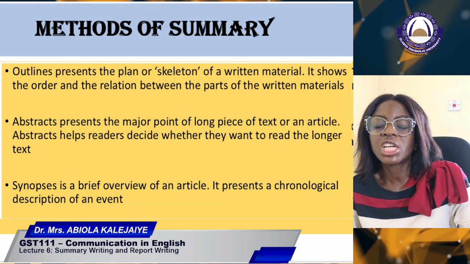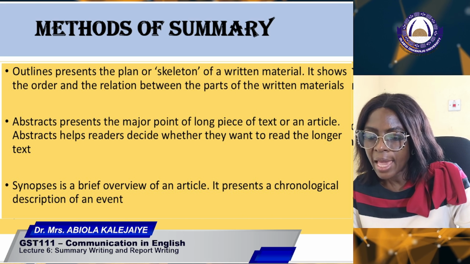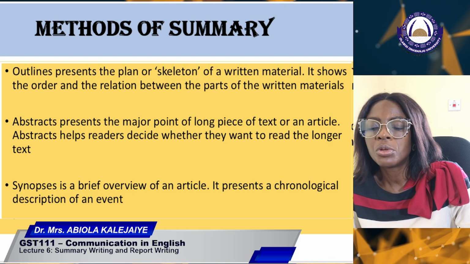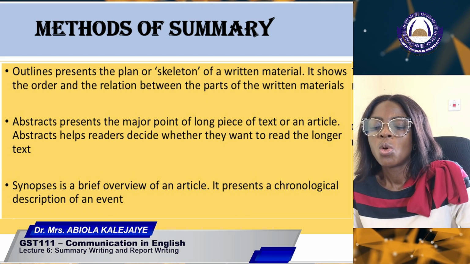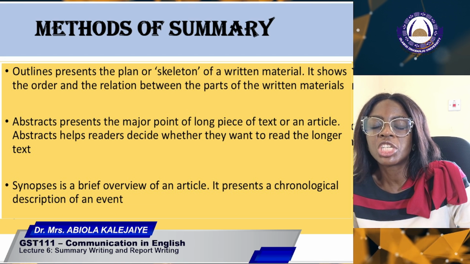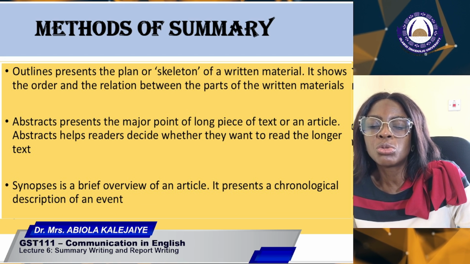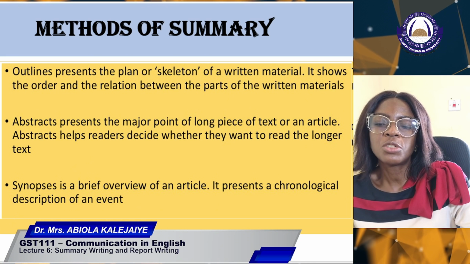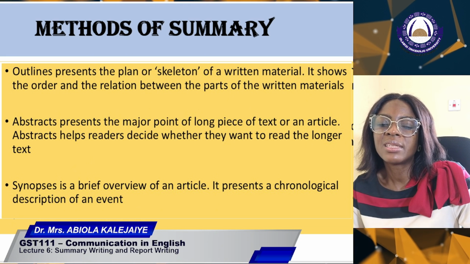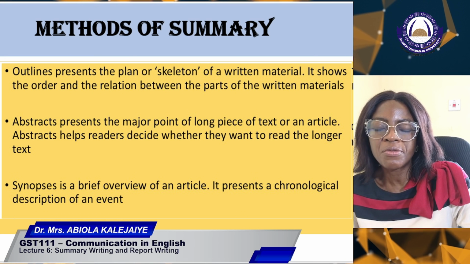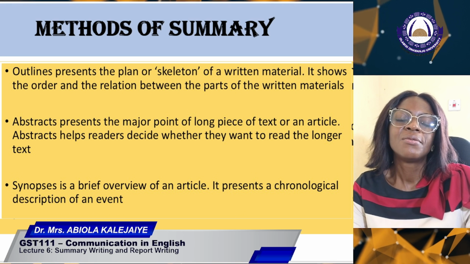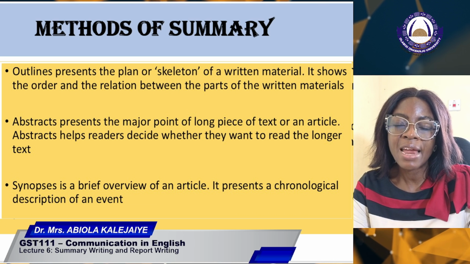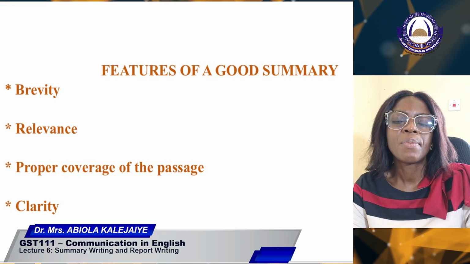When you say something is chronological, you mean it follows from A to B to C to D up to Z. So when something is presented chronologically, it follows a logical order. And don't forget that when you're summarizing, you are trying to give us a concise version of what is inherent in a very lengthy passage.